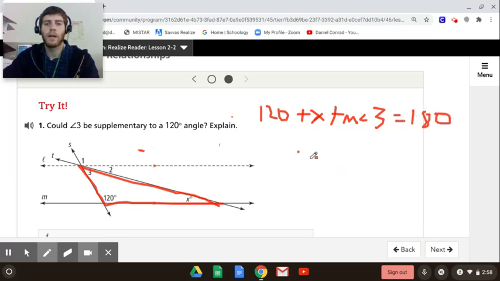So X plus the measure of angle 3 is going to have to equal 60 degrees.